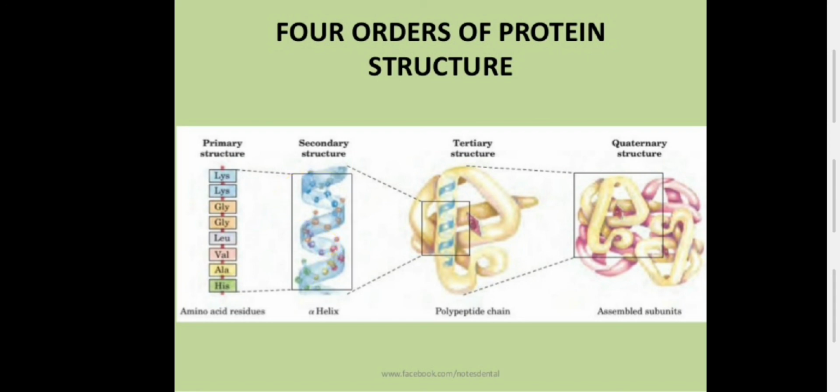And of course, we have the tertiary structure, combining the secondary structures, as you can see in the illustration. And lastly, the quaternary structure. As I've said, it is like a crumpled paper, assembled by subunits.